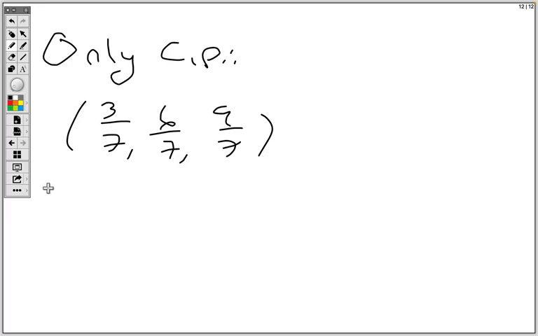And if I want to know what the function at this point is, I've got to go back to the original function and plug this in.